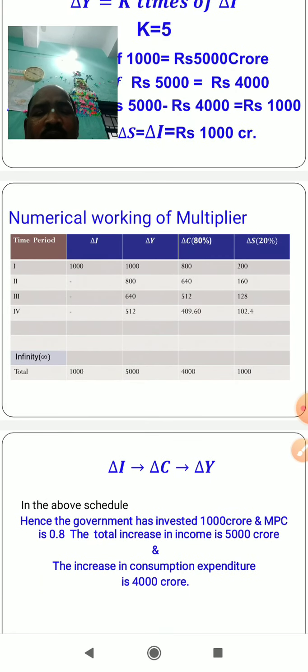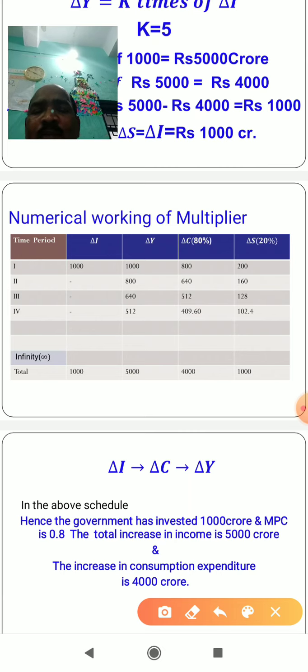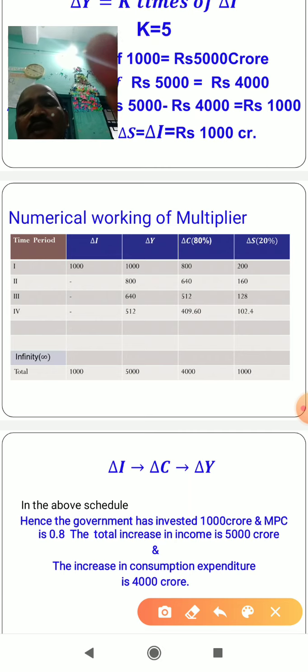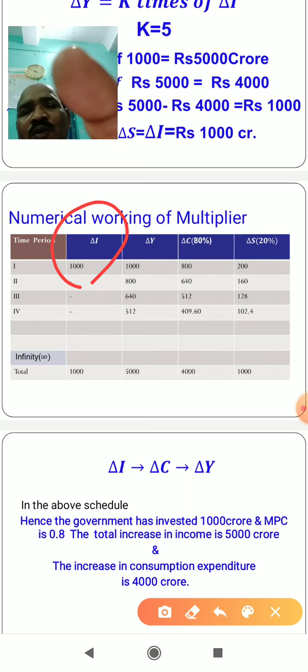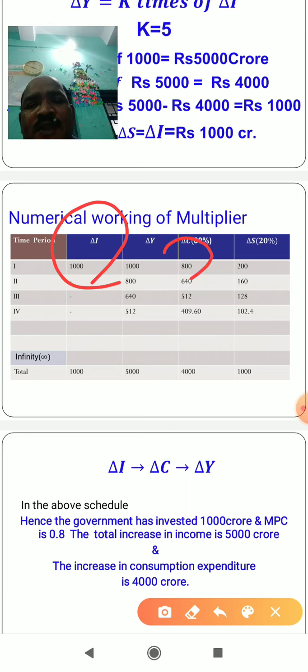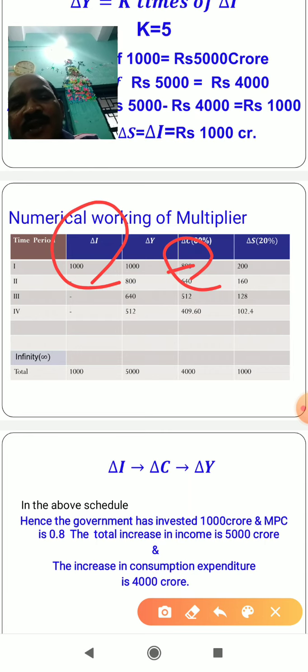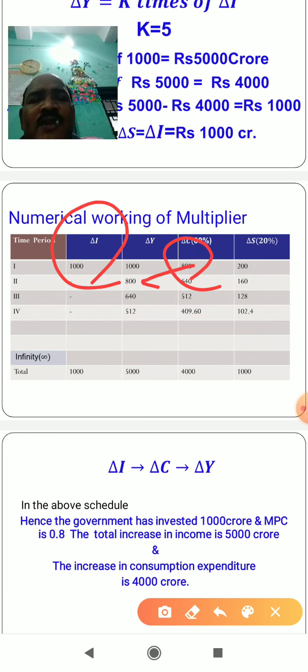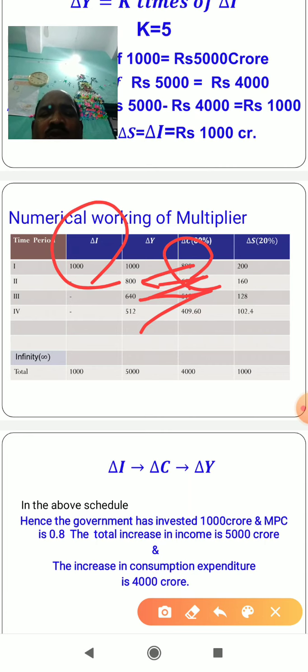There are different time rounds, or time periods, in an economy. When the initial investment of the government is 1000 crores, and change in consumption is 80%, that is 800 crores. This 800 goes to the consumption of the next income, meaning 800 becomes income, then 80% of it is 640, then 512, and so on.